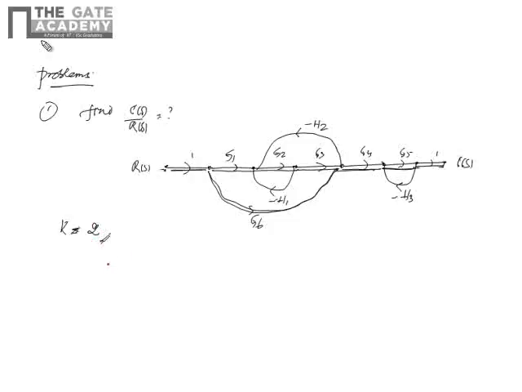So once you decide the k value, then Ts equals P1 delta 1 plus P2 delta 2 divided by delta. What is P1? P1 is G1, G2, G3, G4, G5. Then what is delta 1?